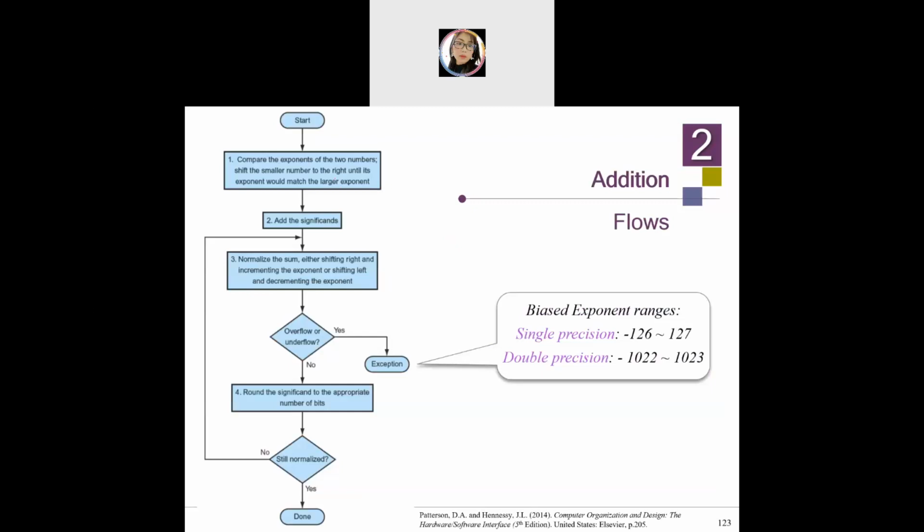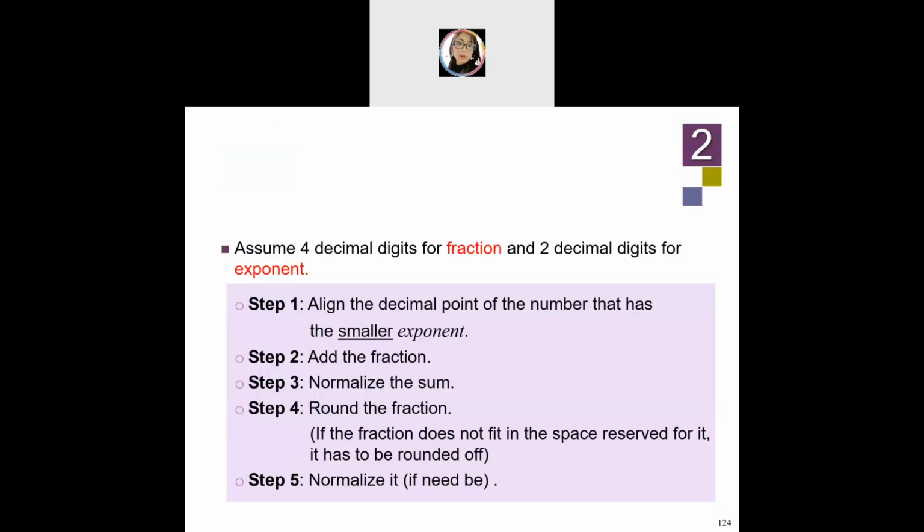But for me, you can try to look into the flowchart, but there is also a step by step that you can follow. Okay, you need to assume 4-digit decimal digit for fraction and 2 decimal digit for exponent.